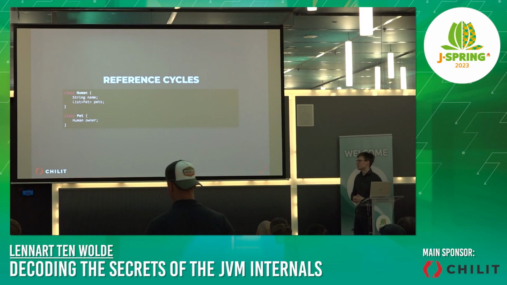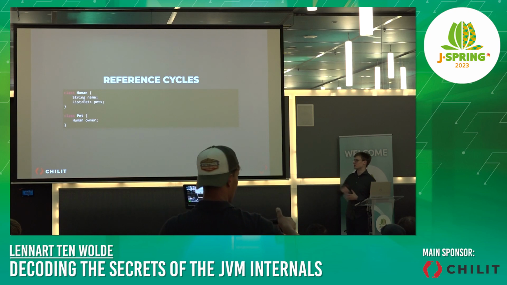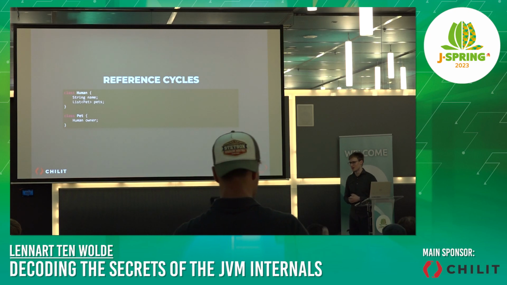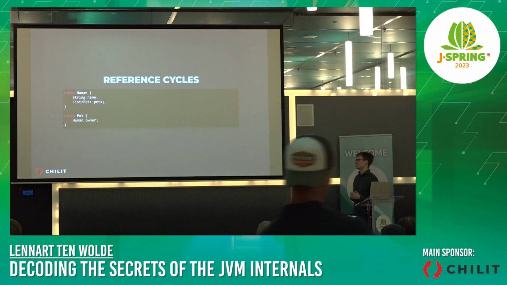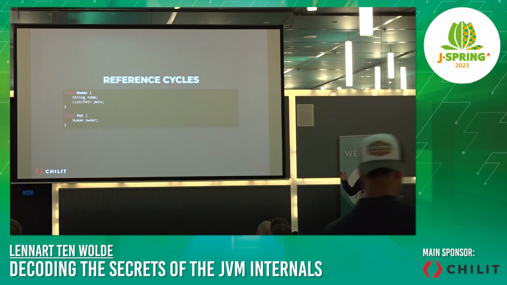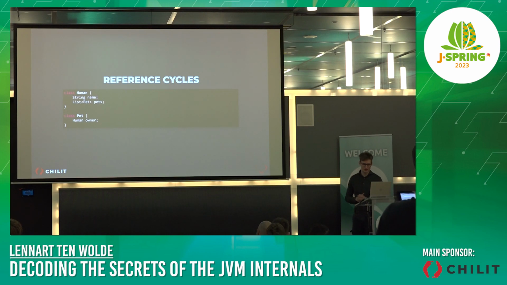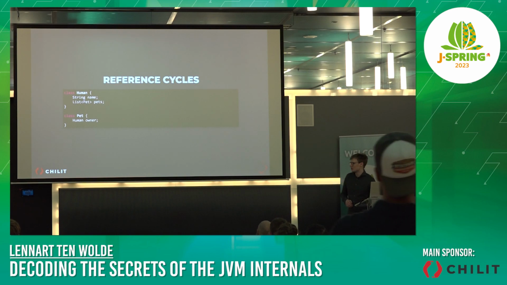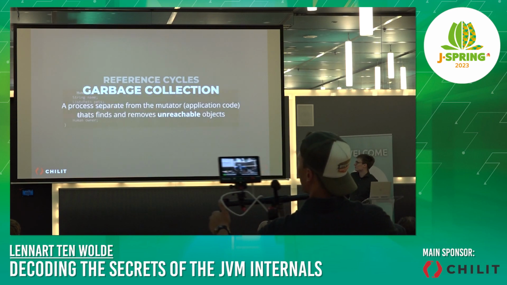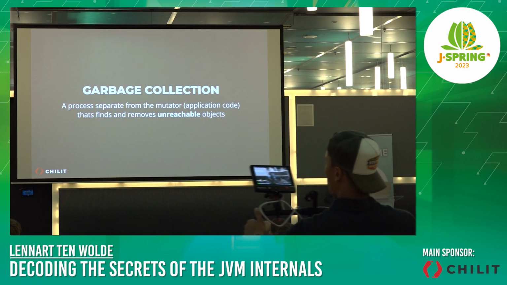And if this happens, then the pet is always referencing the owner, and the owner is always referencing the pet. So even if these objects are not referenced anywhere else, because they're referencing each other, they will never be freed. And this is called a reference cycle. And this can be quite a complicated problem to deal with. And many programming languages solve this by actually including a separate garbage collector which takes care of this. And that also brings us to the last part of the slide.